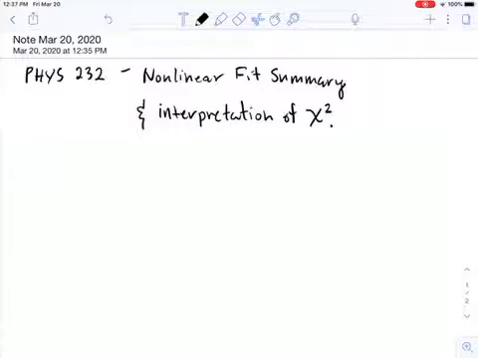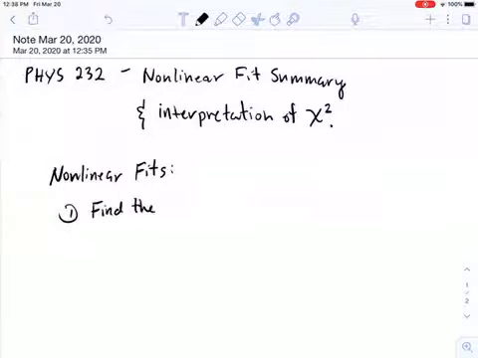Okay, so first, the nonlinear fit summary. Step one is to find the best fit parameters.